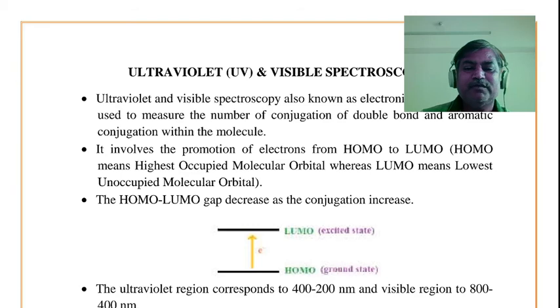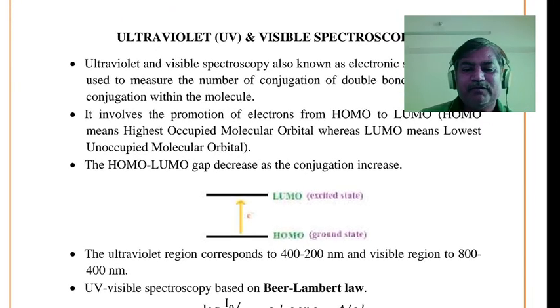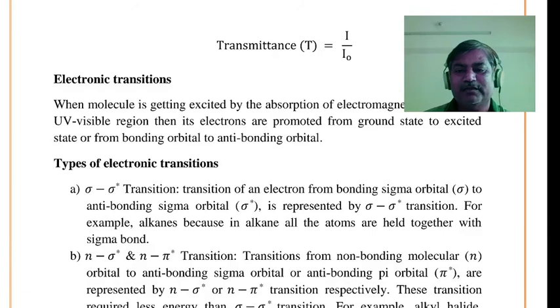By using UV spectroscopy, conjugations can be determined. Range of UV spectroscopy, in which range we study. UV spectroscopy is always based on Lambert-Beer's law. This we have studied. Then four types of transitions.